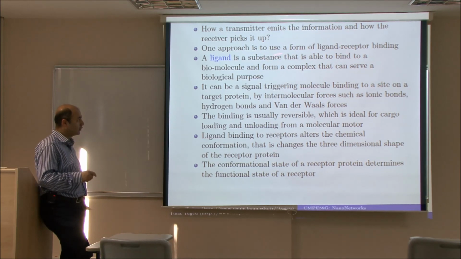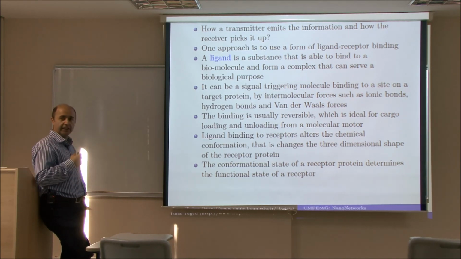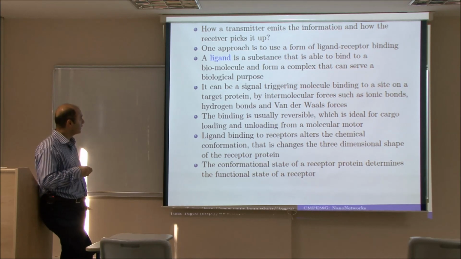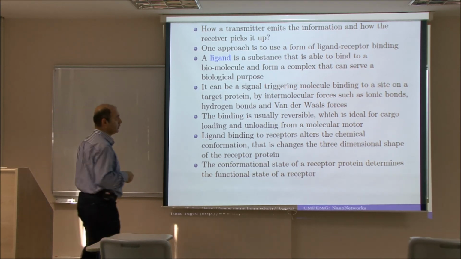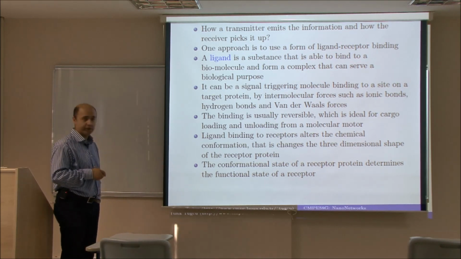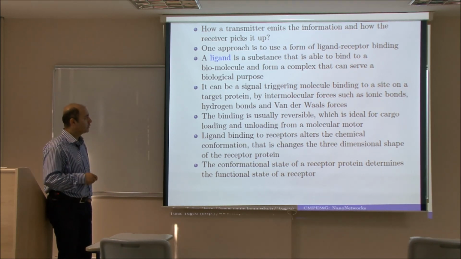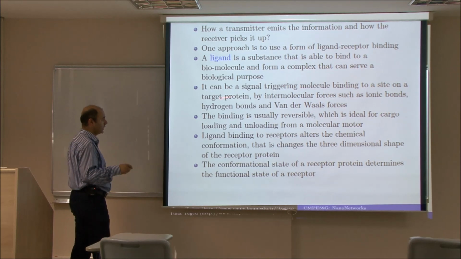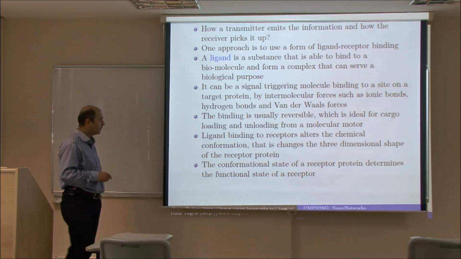It can be a signal triggering molecule binding to a site on a target protein by intermolecular forces such as ionic bonds, hydrogen bonds, and van der Waals forces. The binding is usually reversible, so they can attach and then detach, which is ideal for cargo loading and unloading from a molecular motor.